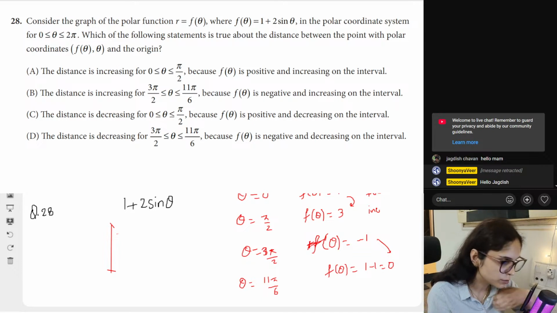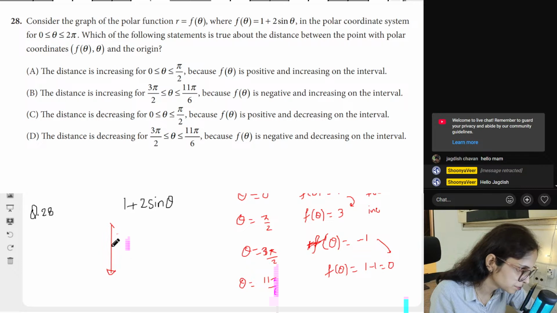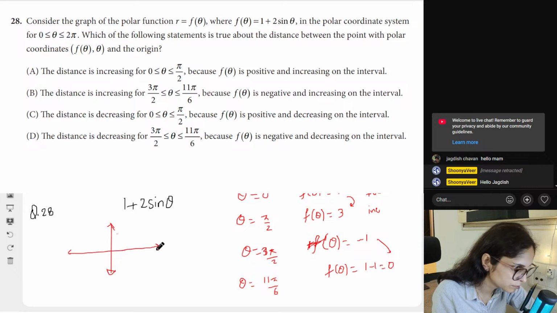So now it's time to make the polar graph. At 0 you have 1. At pi over 2 it becomes 3, so we'll go like this. At 3 pi over 2 you have negative 1, so we'll come over here.